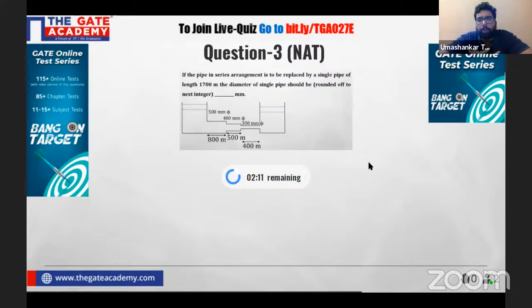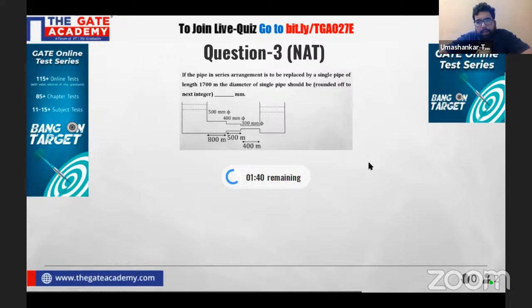Now, what is asked in this question, so we want to replace this whole pipe in series arrangement with a pipe of some diameter and some length. So we want it to be replaced by a single diameter pipe whose length is given as 1700 meter. So you have to tell what should be the diameter of it, right?